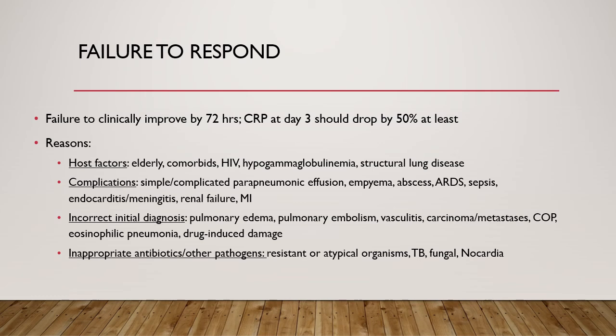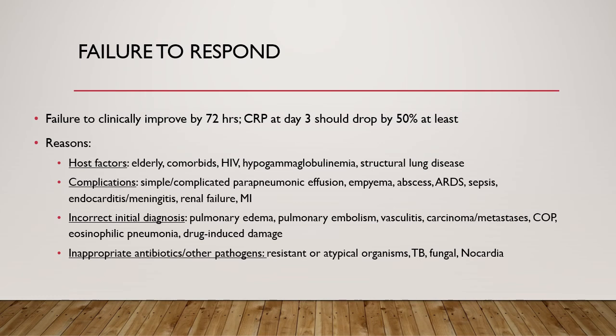Sometimes it's usually just the host factors. For instance, the patient may be elderly with a weak immune system, or may have comorbidities, or may have HIV, may have hypogammaglobulinemia, or may have structural lung disease, already damaged lungs, because of which the patient may be slow to respond. Other than that, the patient may have developed complications.